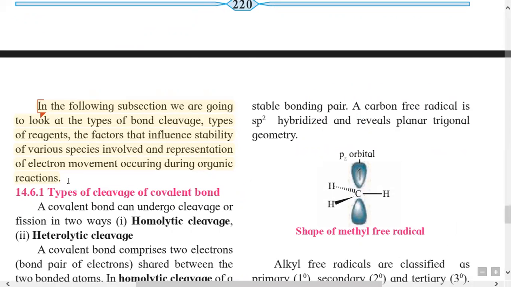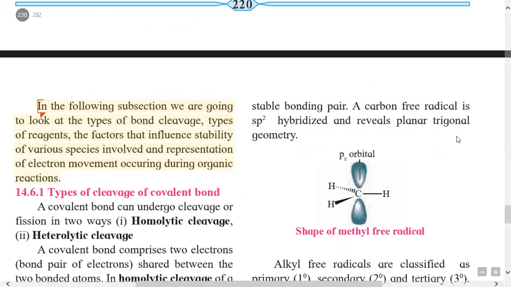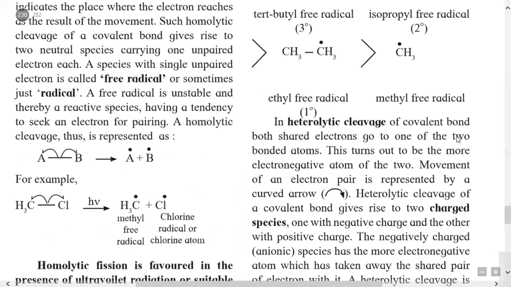A carbon free radical is sp2 hybridized and reveals a planar trigonal geometry. In this example, we had studied the methyl free radical.